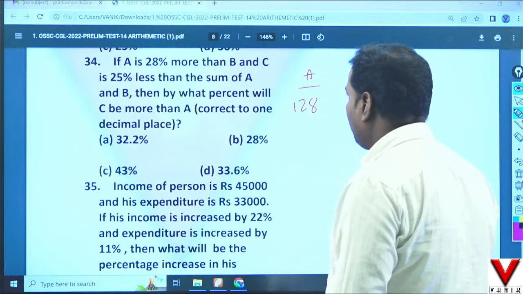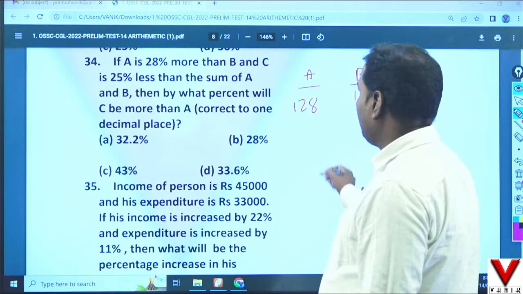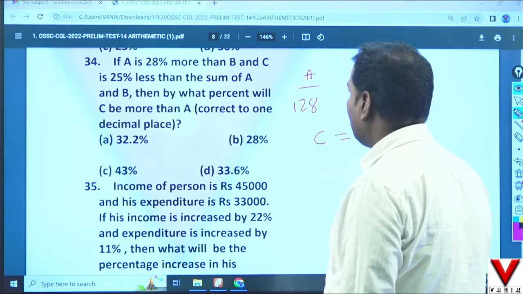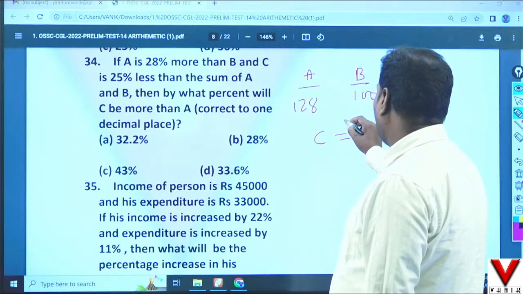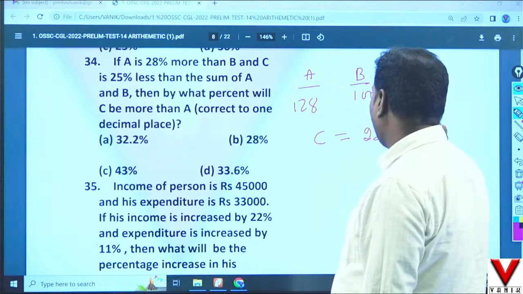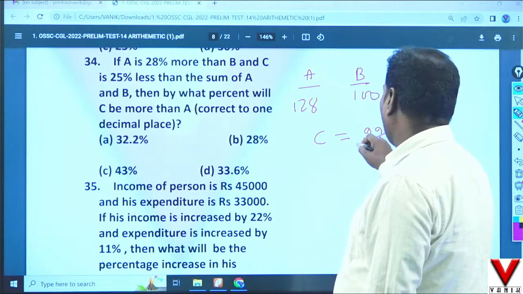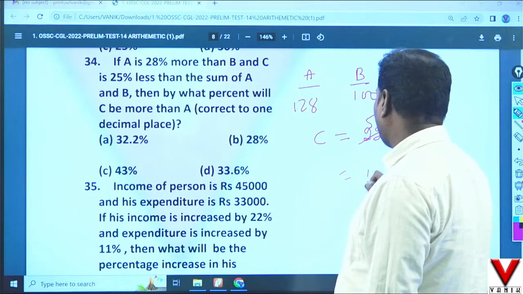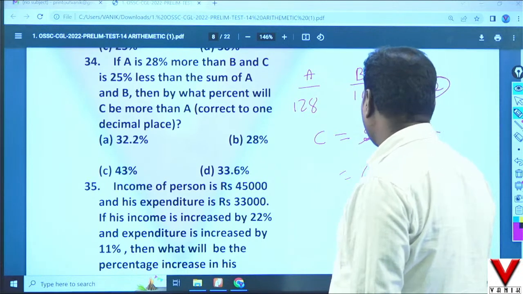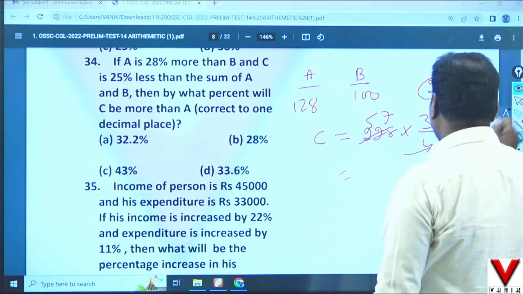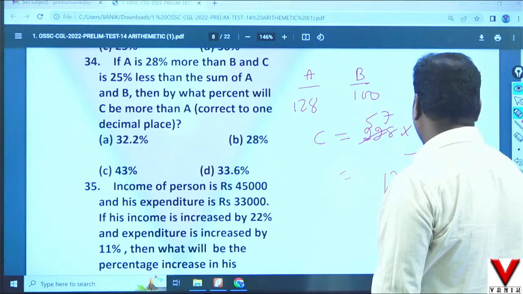C is 25% less than the sum of A and B. 128 plus 100 is 228, and 75% means 3 by 4. 3 sevens are 21, carry 2, 3 fives are 15 and 2 is 17.